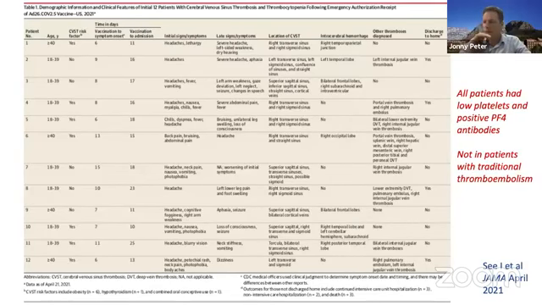Now, what about this condition that we are seeing? Well, what happened was they noticed a higher reporting rate of what we call cerebral venous sinus thrombosis. That is an abnormal clot occurring in the venous drainage areas of your brain.